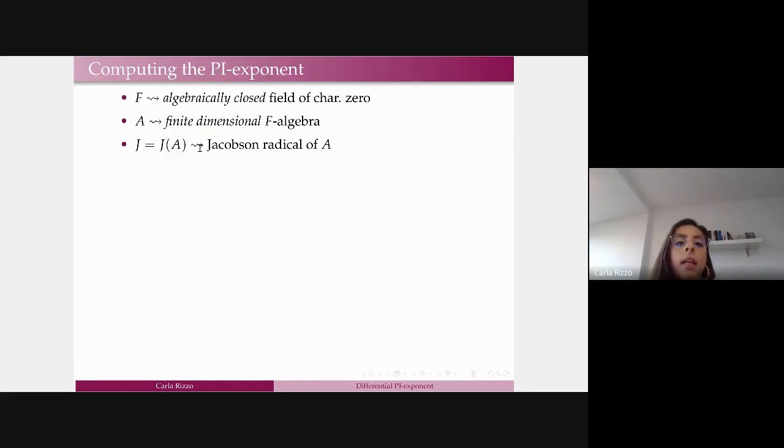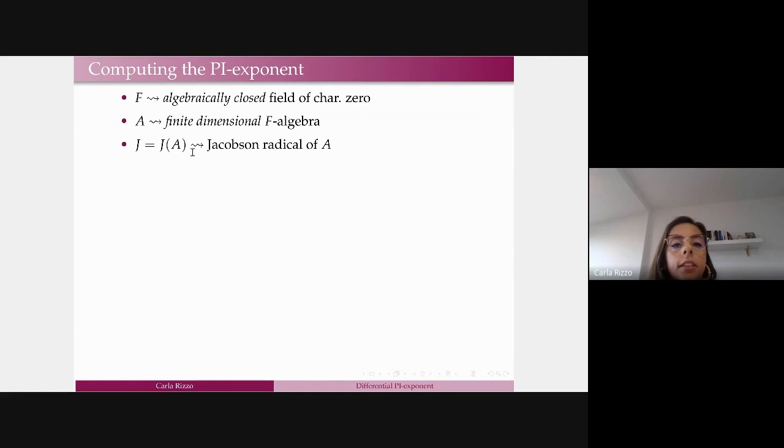What I mean, let's put ourselves in a simple case. So A is a finite dimensional F-algebra. I consider F algebraically closed, but we know the codimension sequence doesn't change by extending the field, so it doesn't really matter for codimension that F is algebraically closed.